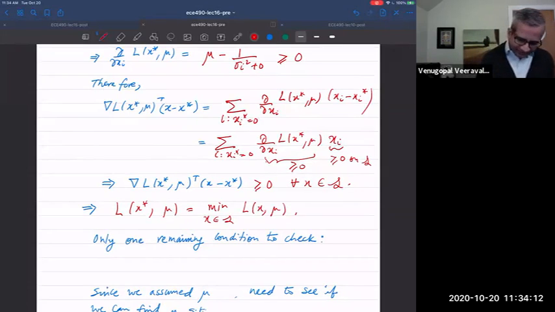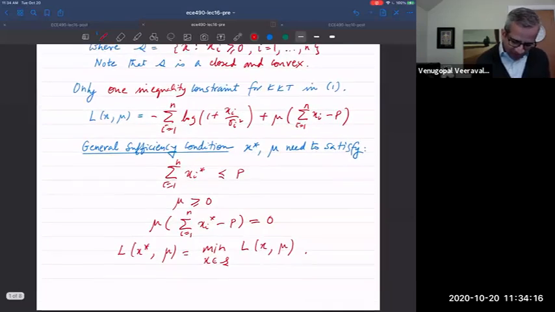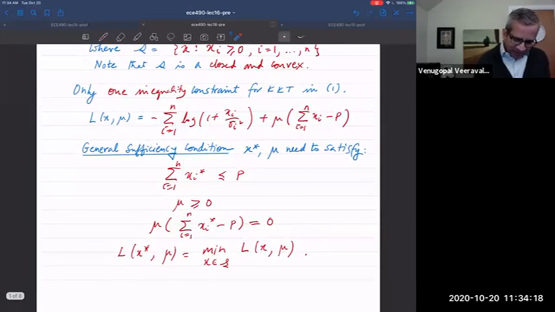We're not quite done yet. We showed almost everything we need to show. We showed these xi stars, we can make them meet the constraint, and we showed this part, and of course we assumed that mu is positive in all the computations.